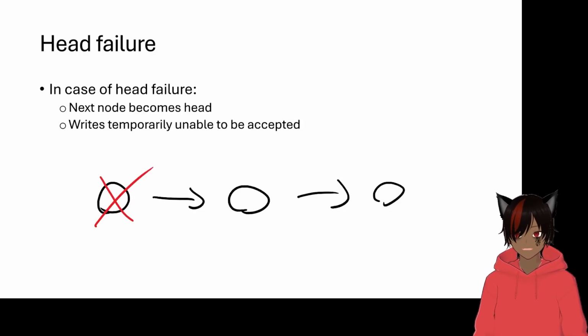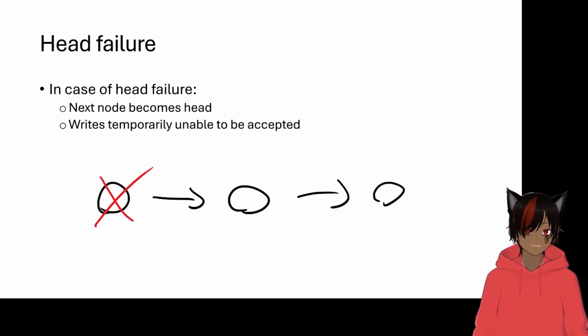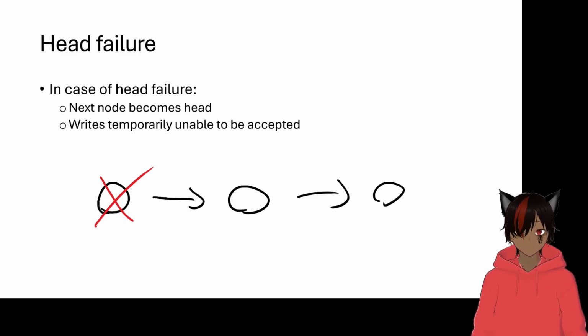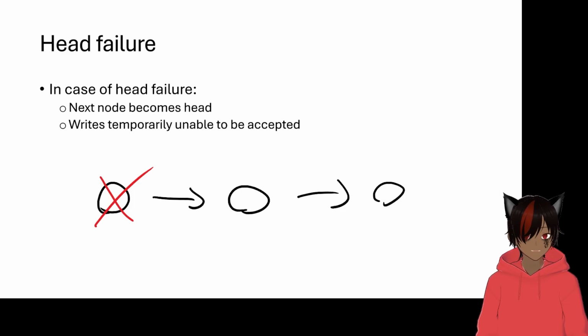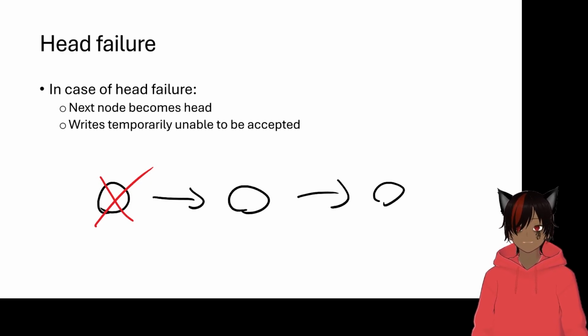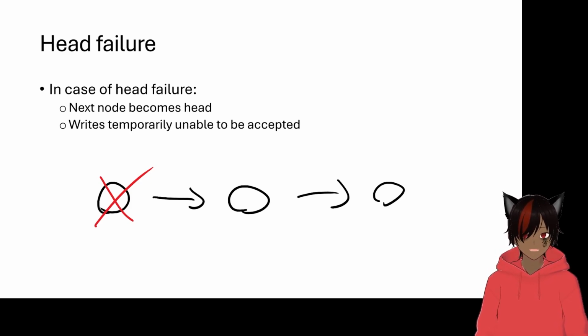So when we deal with a head failure, we essentially need a new head. And because the head has failed and clients are sending write requests to the head, unfortunately, the clients are not actually receiving ACKs. They're not actually getting their writes through. So writes are temporarily unavailable when the head is down.